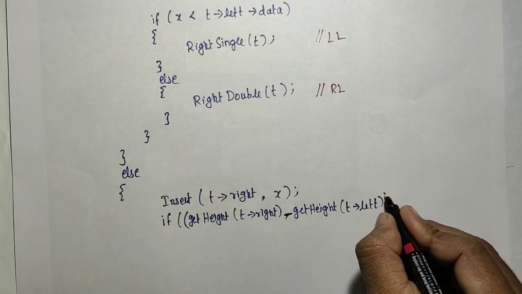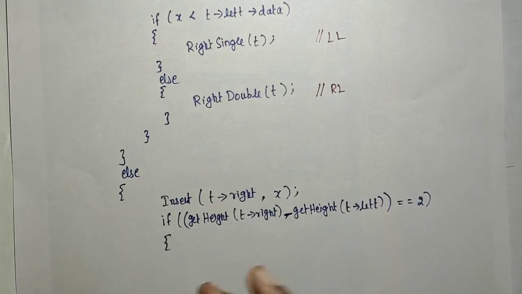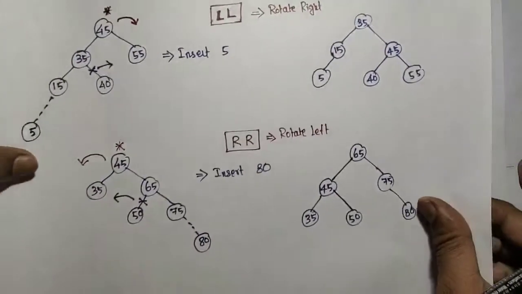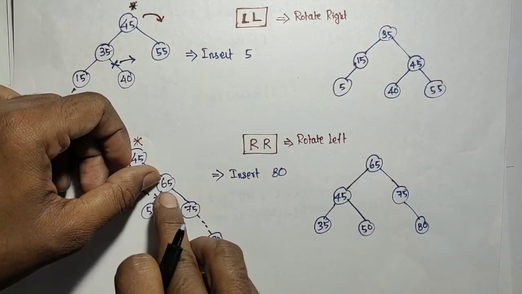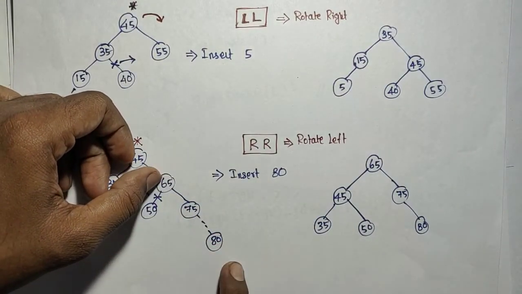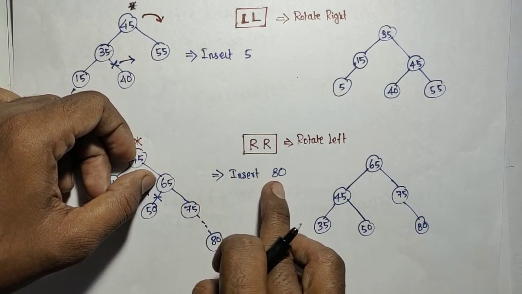So this difference, which is equal to 2, is unbalancing. Then we need to check whether the new element is inserted on the left side of the right or the right side of the right. Right side of the right means this 80.